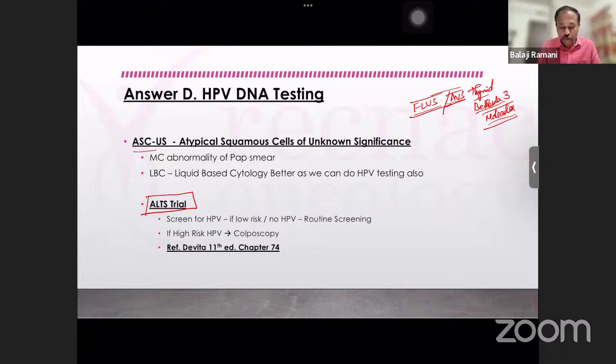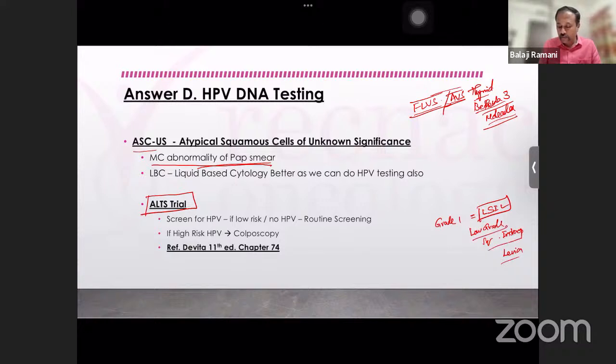Now, this is the most common abnormality which will be seen in a pap smear. So you have pap smear testing, the Bethesda reporting is going to be there, in which multiple types are going to be there. So here again, remember, you have grade 1, which will be labeled as LSIL, low grade squamous intraepithelial lesion.